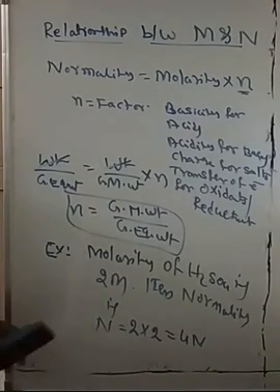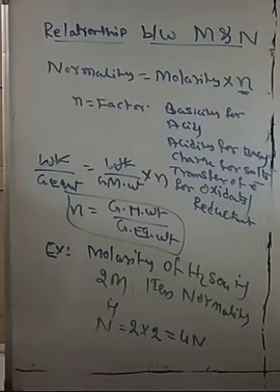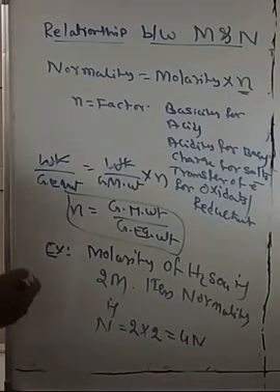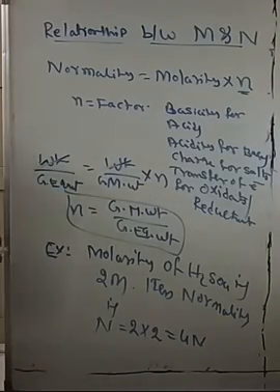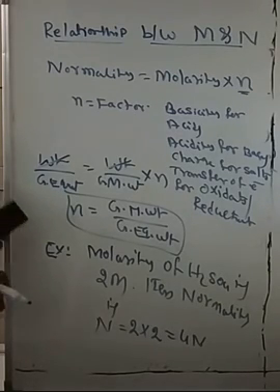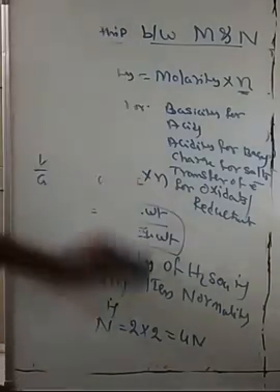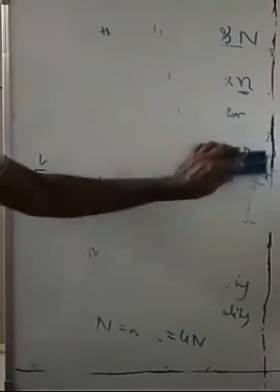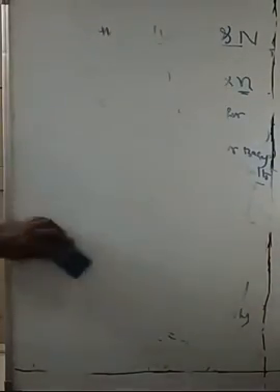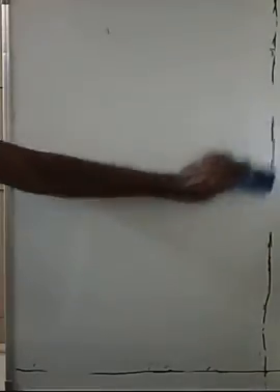So based on the N factor, it is converted into the normality. Whereas for NaOH solution, molarity and normality are both the same because NaOH is a monoacidic base. So using this relationship formula can be useful for calculation of molarity and normality. This is another method to calculate the concentration of the solution.